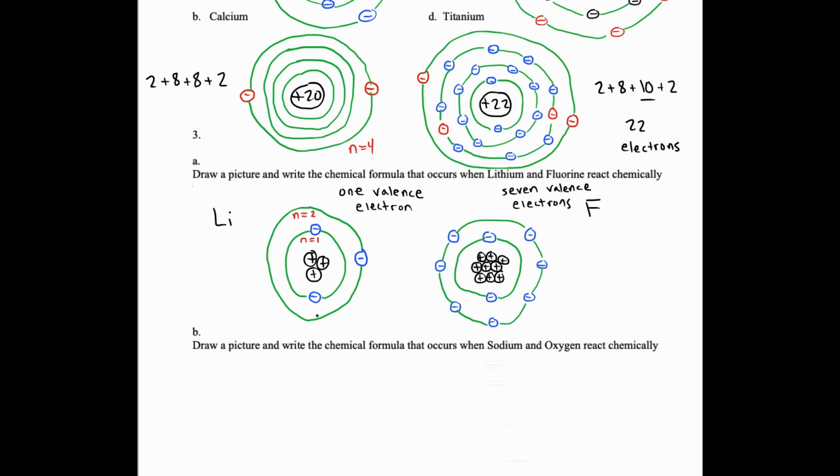Lithium would like to have a complete outer shell. Fluorine would also like to have a complete outer shell. And so fluorine actually has what you could call a space here, or a hole. It would like to fill that hole, is the idea.